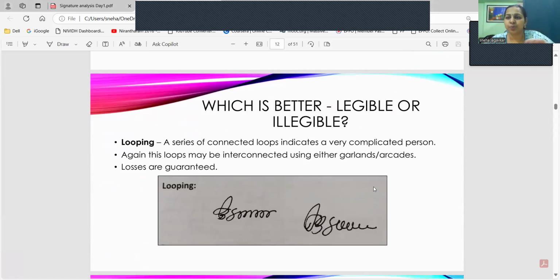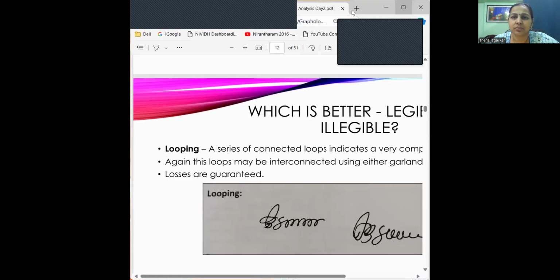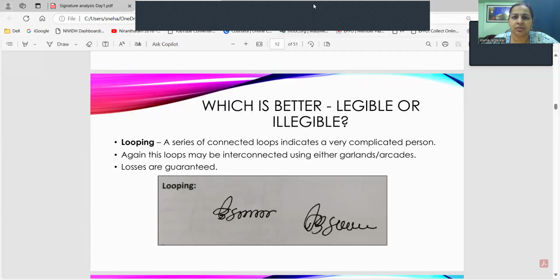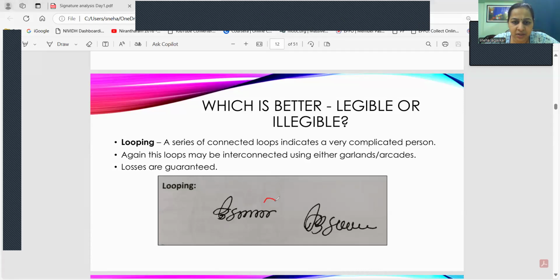And the last one is loops. As you can see over here, there are loops. Now this becomes loops.